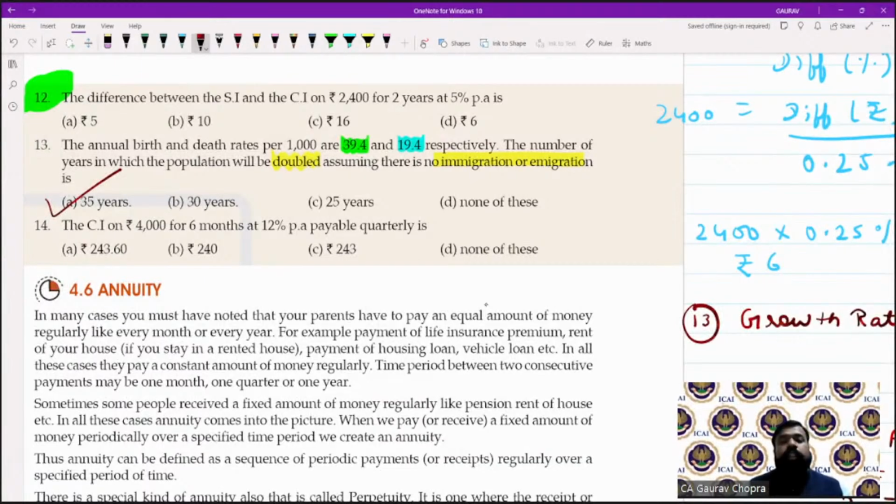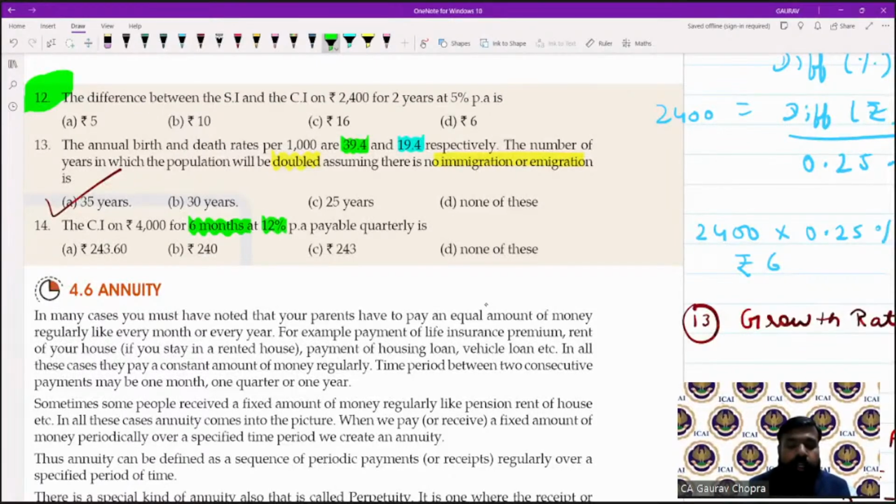Now the last question, question number 14, you guys can give the answer. It's very easy. It says the compound interest on rupees 4,000 for 6 months at 12% per annum payable quarterly is. So the time is 6 months.